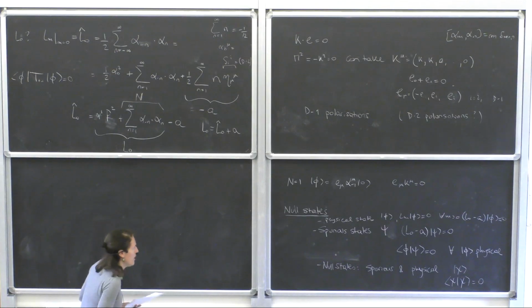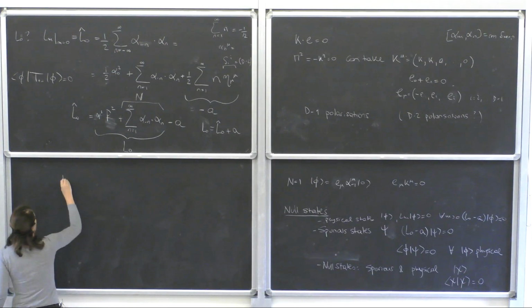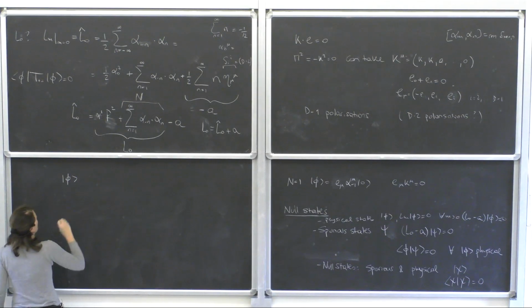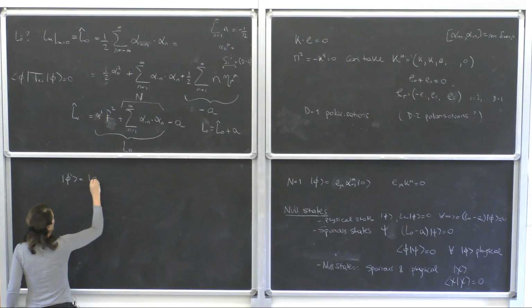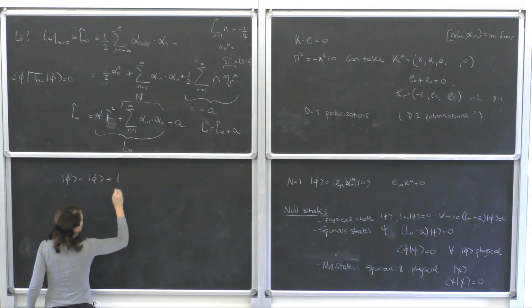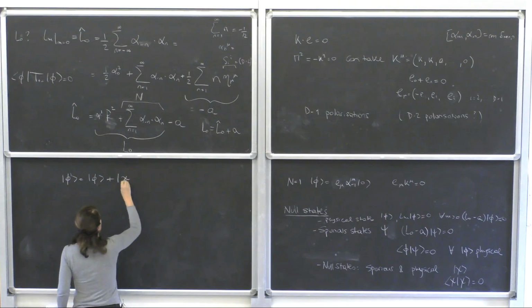And again, if you have a phi at a given level, let's create a phi tilde, which is phi plus some chi.